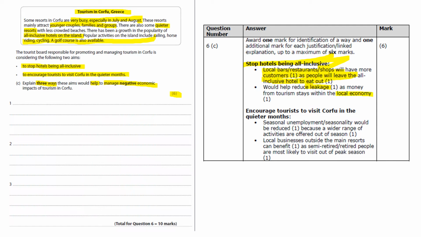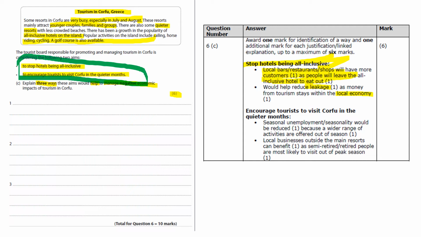Now that's great that we've got those 2 points, but actually one of the things about the questions is that we've got to consider both of these. If we don't consider both, the all-inclusive and getting the tourists to come during the quieter months, we ain't going to get full marks. So we need to think about why getting tourists out of the sort of peak season will be good.